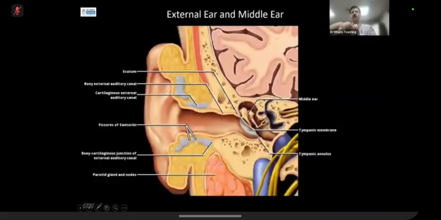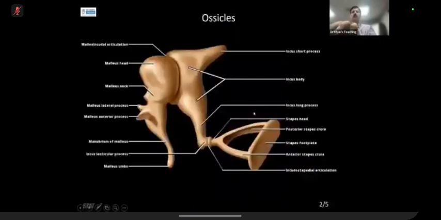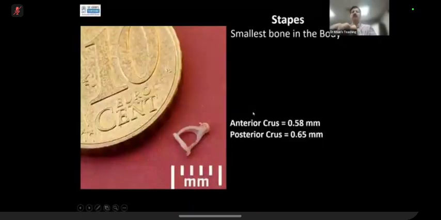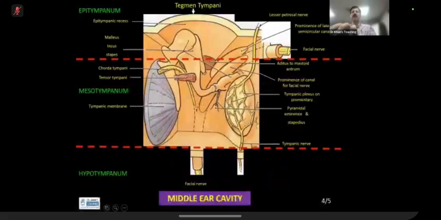Inferiorly, jugular foramen. Lateral, external ear. Medial is the internal ear. Posteriorly, we are going to learn, because posterior will be the mastoid. And anteriorly, remember that the jugular, correction, the carotid canal will be there.